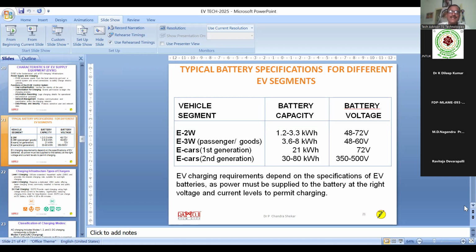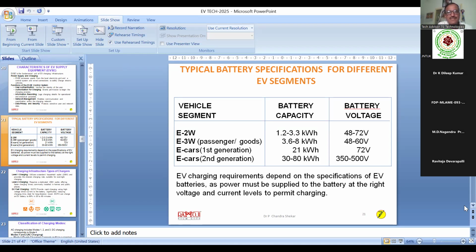Why do they use 48 to 72 for the smaller vehicle, but for the larger three-wheeler 48 to 60 volt? For the two-wheeler, the wattage is very less. But when it comes to three-wheelers, there is a space constraint. That's the reason they want to use the lesser voltage, that means fewer battery modules but higher capacity. That's why they use 48 to 60 volt.